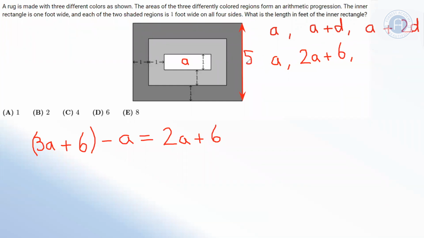And the length of this is going to be A plus 4. So again, the entire rectangle, including everything in the middle, is going to be A plus 4 times 5, which will be 5A plus 20.